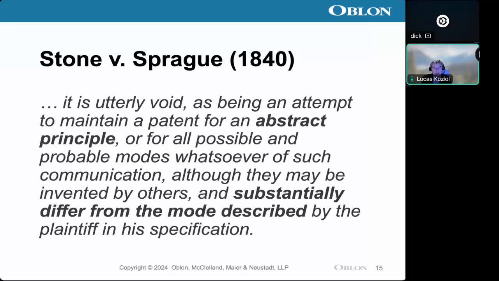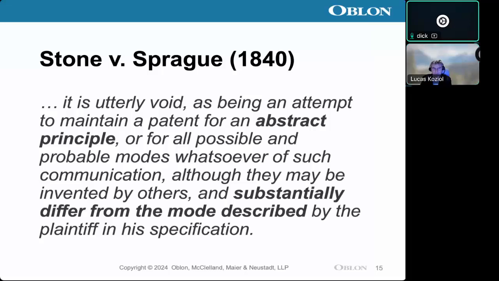But instead of only claiming their specific system, the inventors tried to capture the whole concept of connecting a reed with a yard beam in order to communicate motion between them. The court found that connecting two parts of a machine was an abstract principle that couldn't be patented. The court emphasized that such a connection could be performed in any number of different ways, beyond the single specific way the inventors had actually achieved.